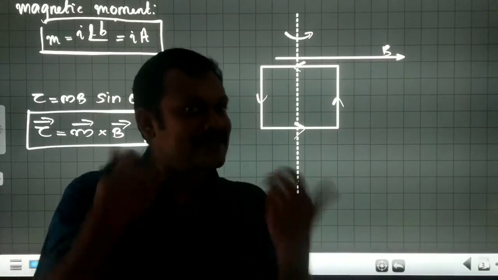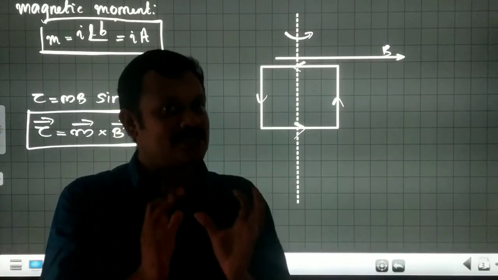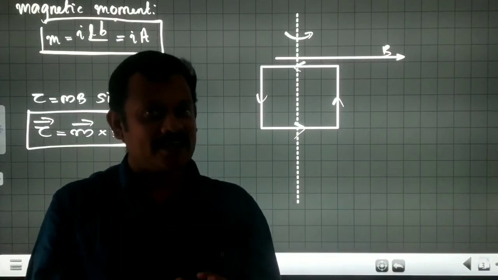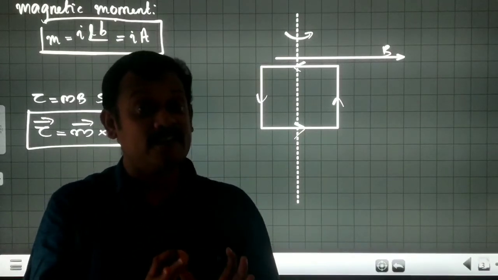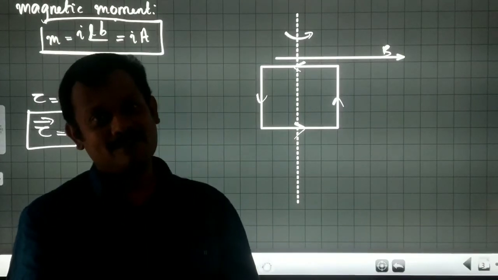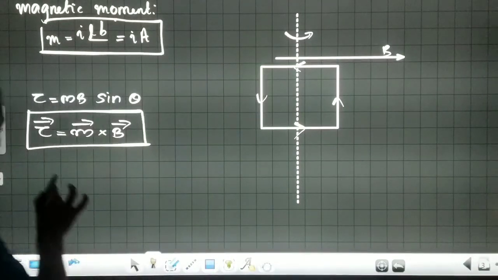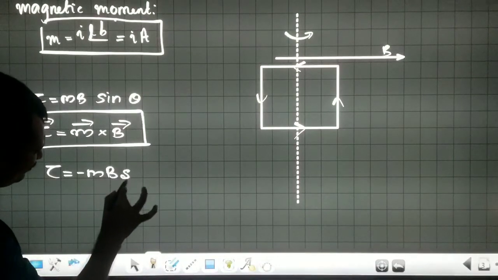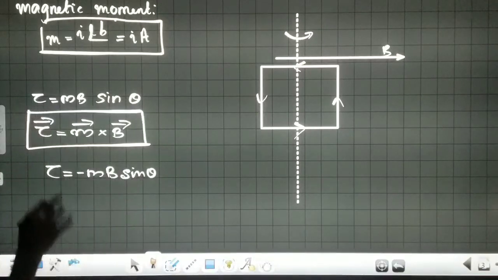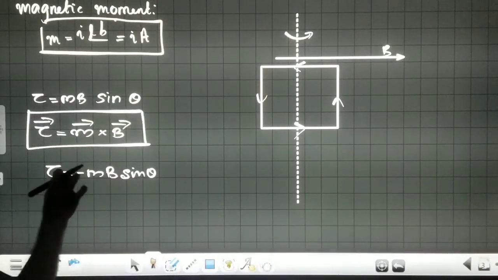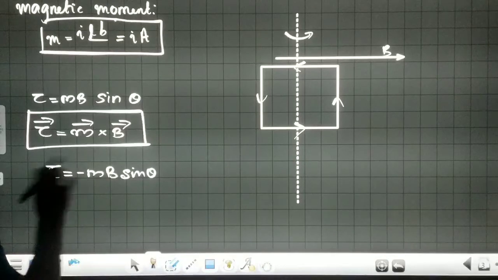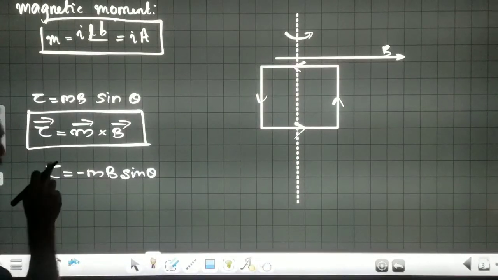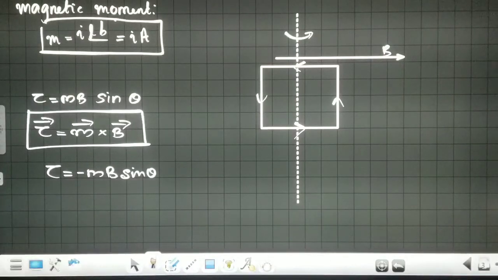As with electrostatics, this torque is a restoring torque. The torque experienced by a current loop in an external field is a restoring torque. Therefore, the torque has a magnitude of minus MB sin theta. The reason for the minus is that it is a restoring torque.